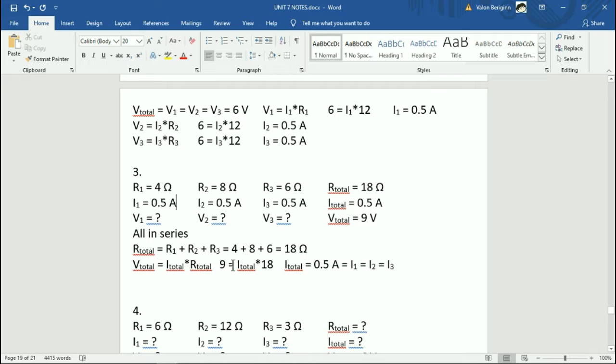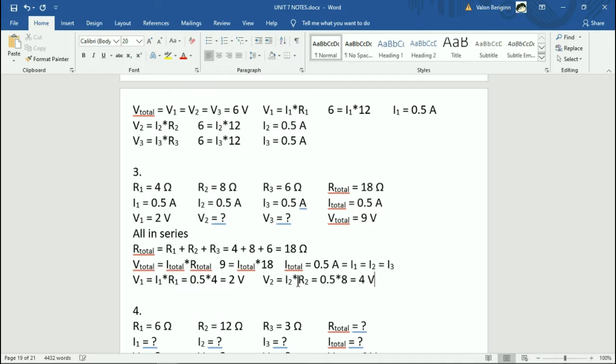Okay. And now we can solve for the voltages. V1 equals I1 times R1, so we have current of 0.5 times resistance of 4. So we get 2 volts. V2 equals I2 times R2, so 0.5 times 8.